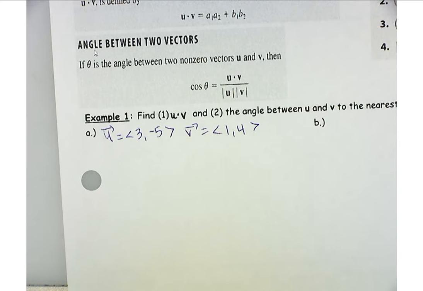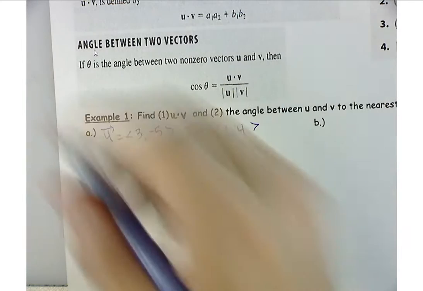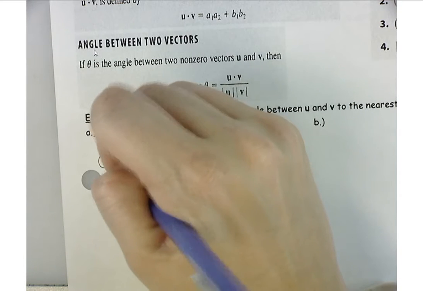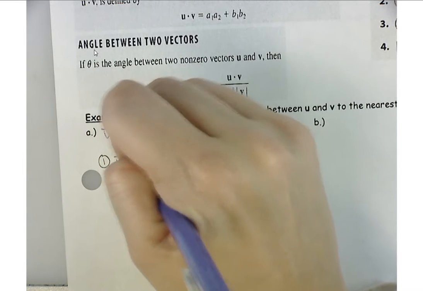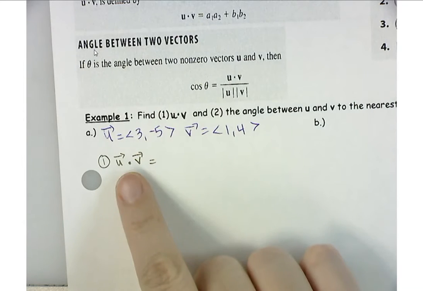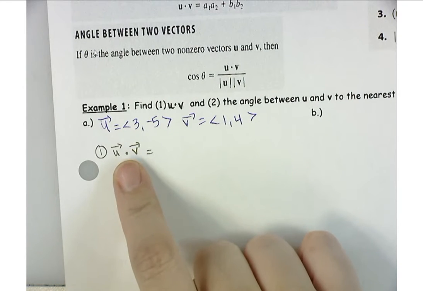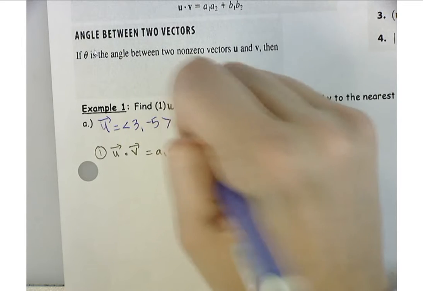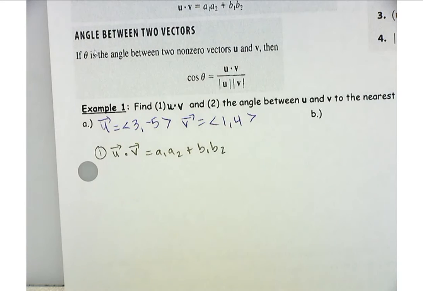Okay, and I'm going to help you with this one since this is your first time doing it. So the dot product of u and v, remember we don't write in bold, which is why we're going to be using the vector symbols here, is a1 times a2 plus b1 times b2.